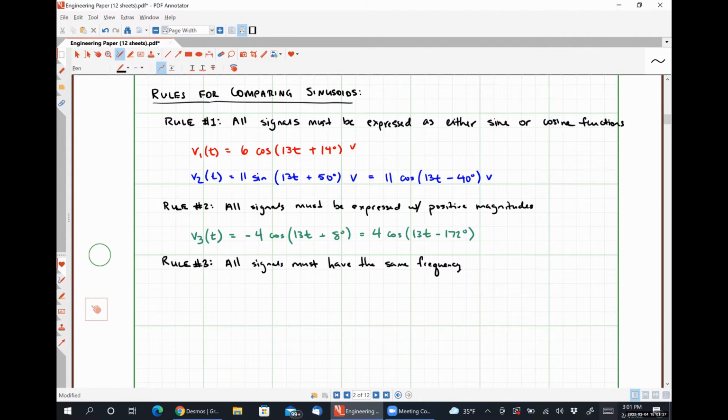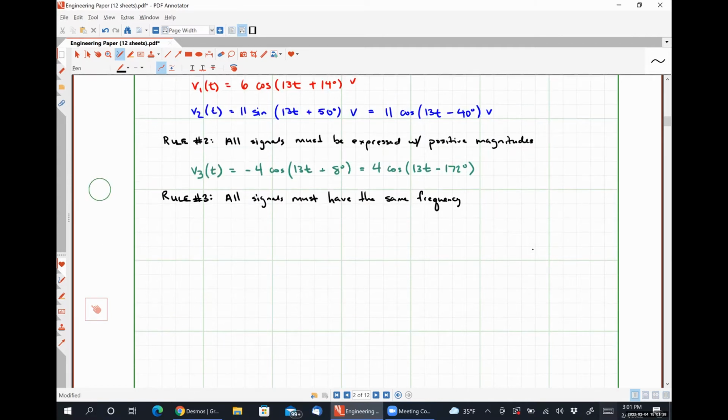Okay. So let me try to explain the concept of leading and lagging here using these three signals. And I'm going to apologize in advance because I know that this particular drawing is going to be pretty crappy.